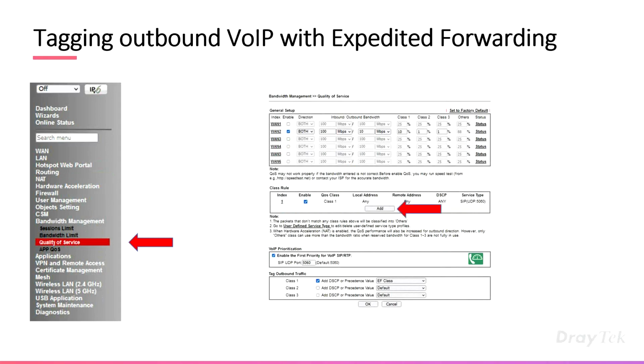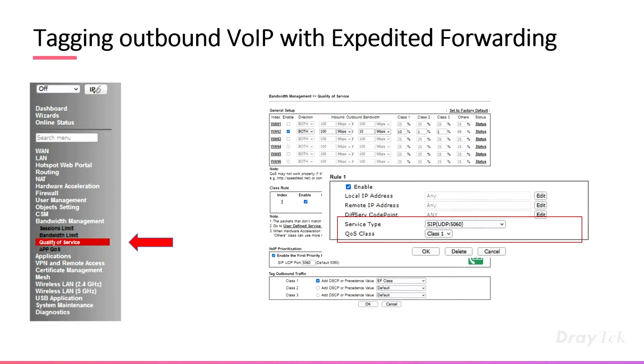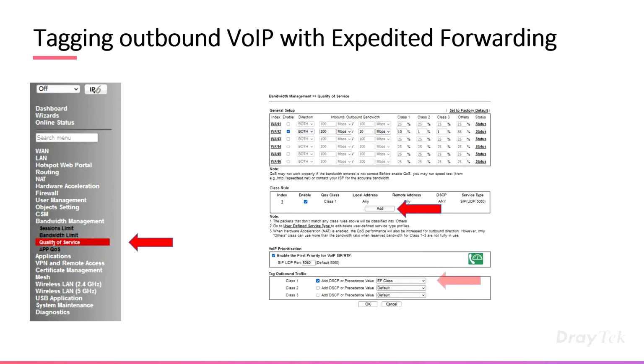So let's see how we do this. Under quality of service again, we can add to class 1 on this occasion a predefined service type for SIP, which is what we want to add to class 1. After that, we can tag the outbound class 1 traffic with the EF class, which stands for Expedited Forwarding.